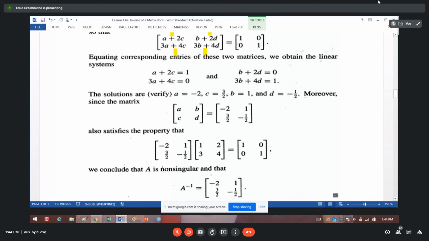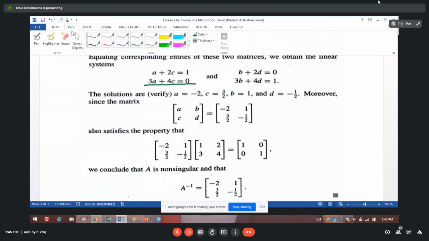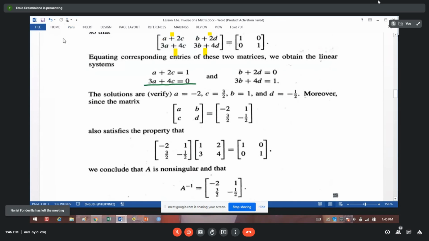Consider niyo yung itong equation na to. Yan. Eliminate niyo yung A. Paano i-eliminate dyan? I-multiply niyo yung first. Ito.